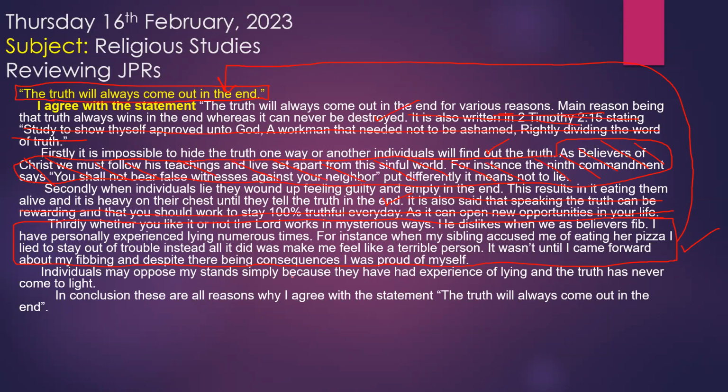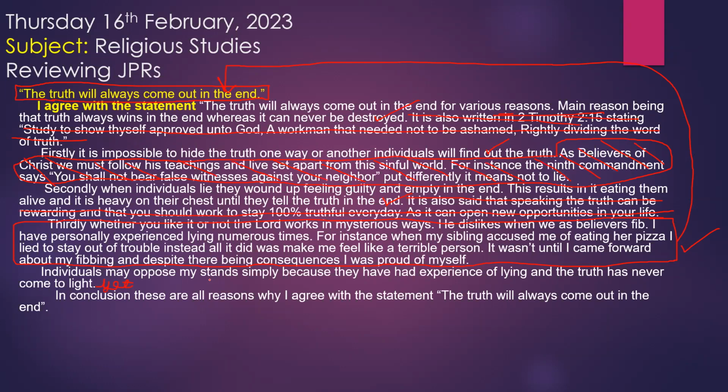Yes. And the last line: individuals may oppose my stance simply because they have had experience of lying and the truth has never come to light. Maybe we should say the truth has never come to light yet. Right?